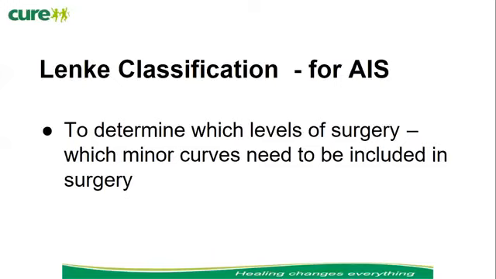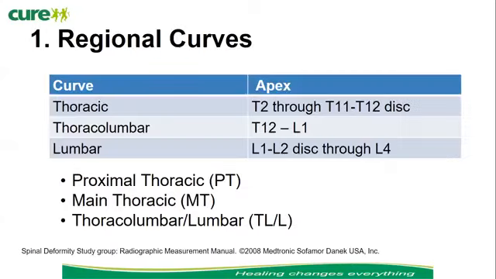Now, there are about 4 steps when one wants to use the Lenke classification. I will just concentrate on the first 3, maybe even the first 2, and then the others, one could consider later. The first one is, of course, identifying the regional curves. You can have a thoracic curve, usually where the apex of the curve is between T2 to the disc between T11 and T12.